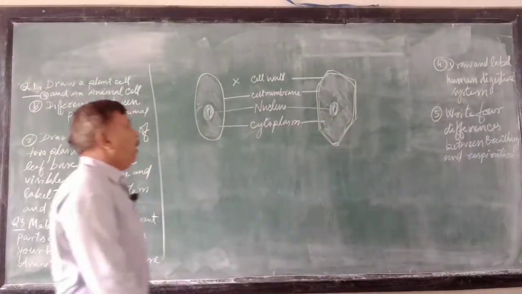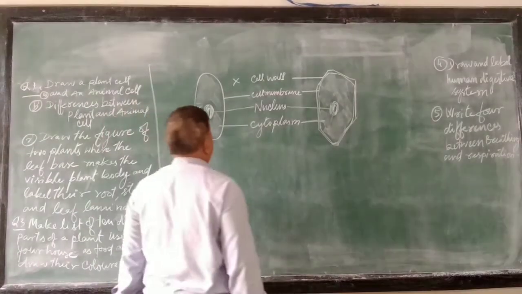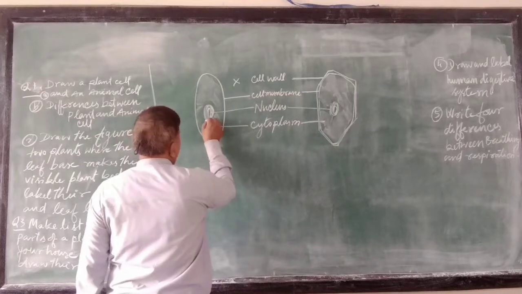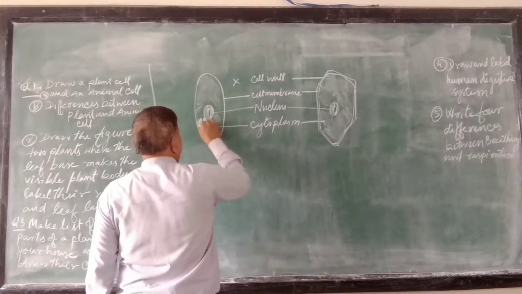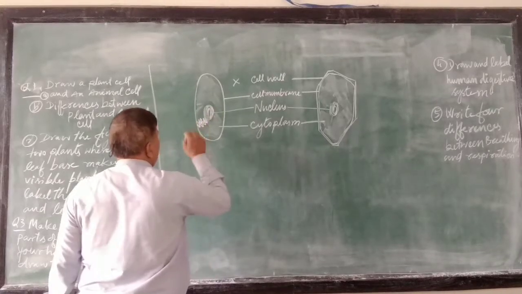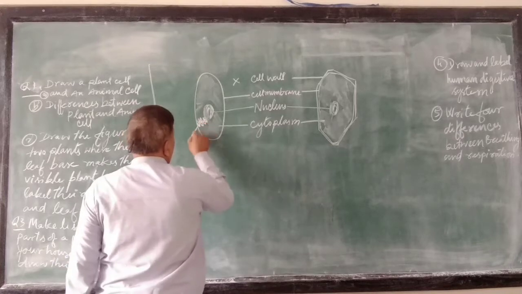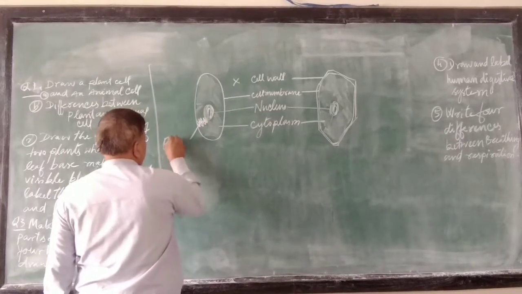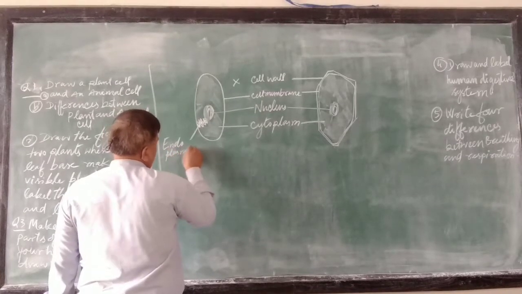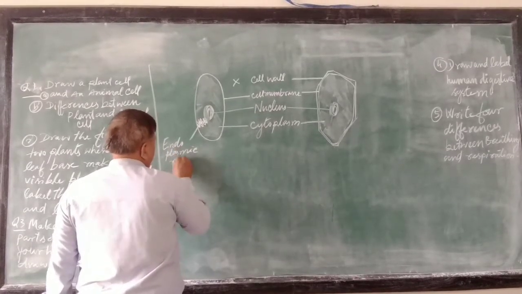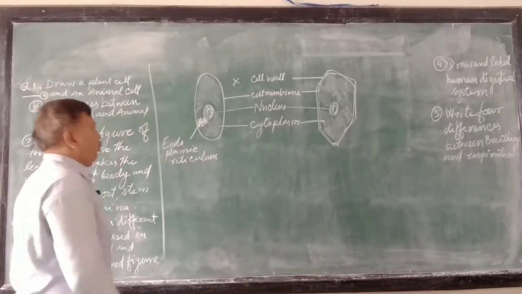And then you will write the other organelles. Here you see the transporting mechanism between the nucleus and the cytoplasm of the cell, and this one is the endoplasmic reticulum.